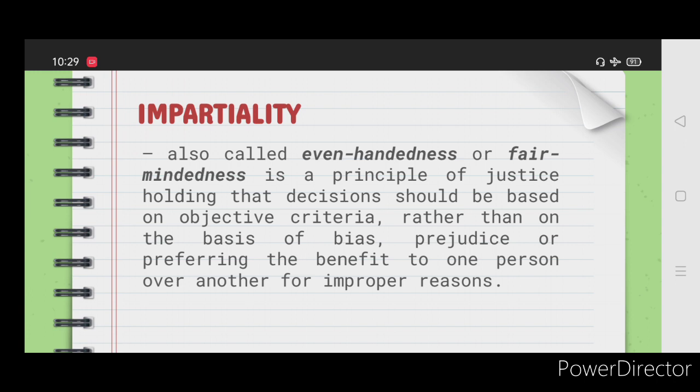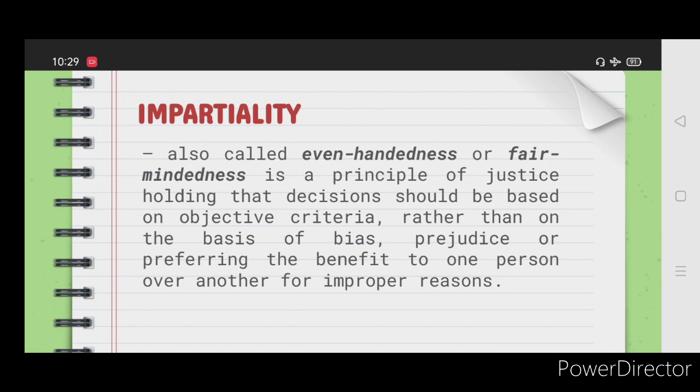Okay, so that is the impartiality. Okay, the even-handedness and the fair-mindedness. We should always judge. Okay, kung palagi kong inuulit, we should always judge on what is the objective standard, not on the subjective standard.